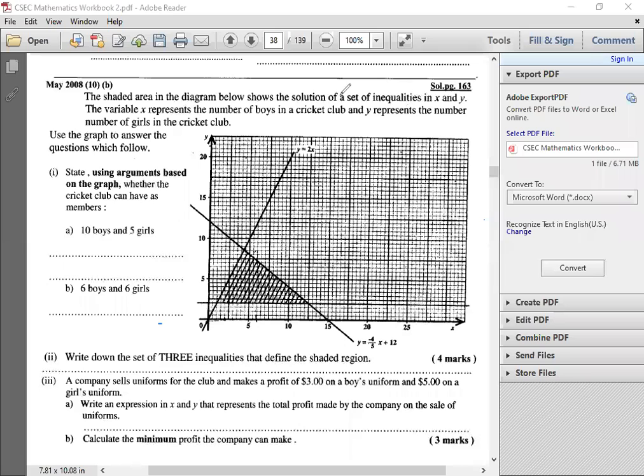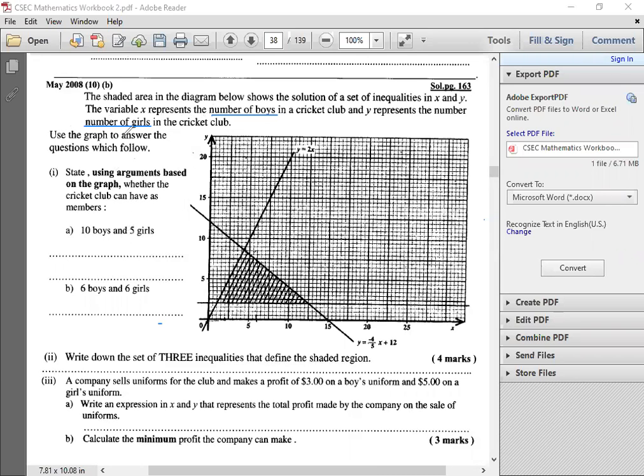Show the set of inequalities in x and y. The variable x represents the number of boys in the cricket club, and y represents the number of girls. They have already done the graph for you, and they are asking you to look at the graph and answer the question.